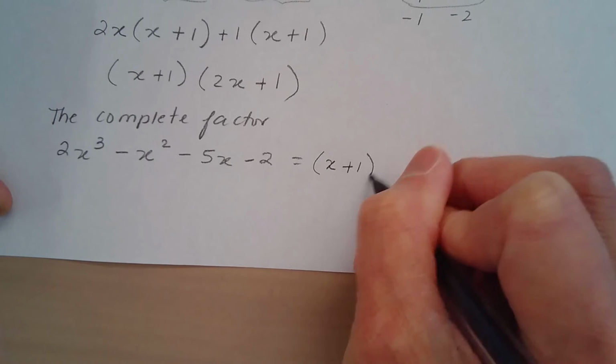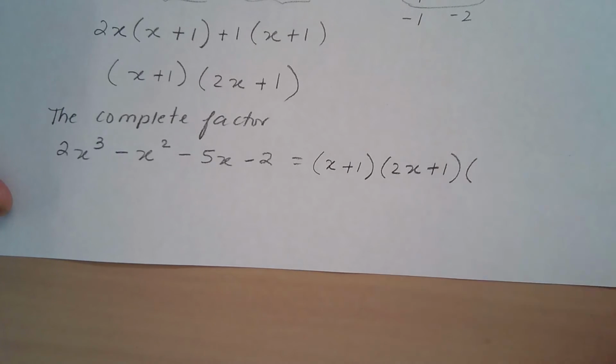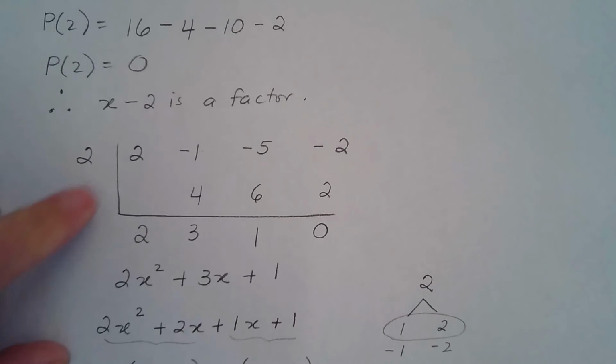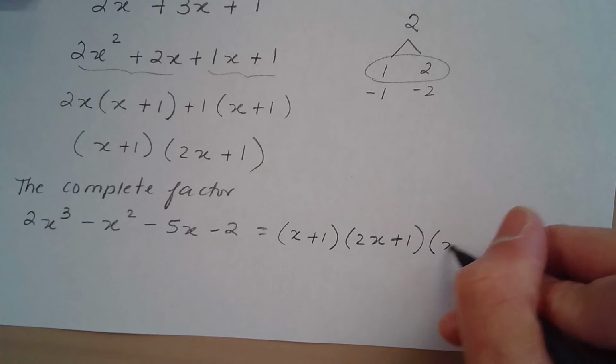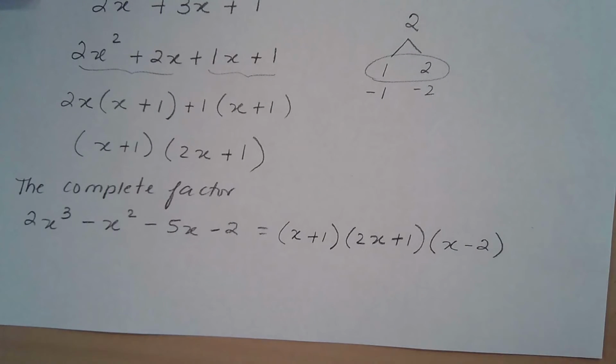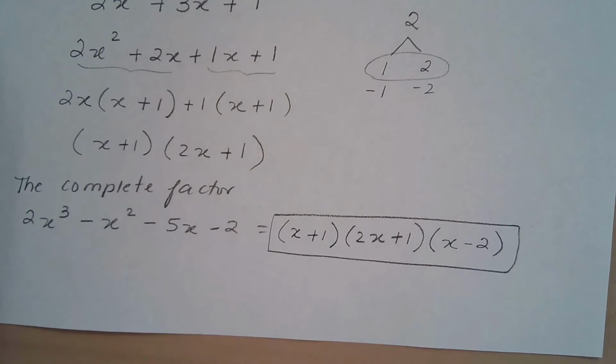X plus 1, 2x plus 1 times, and then the other one would be the x minus 2. Okay, so this is a complete factor.